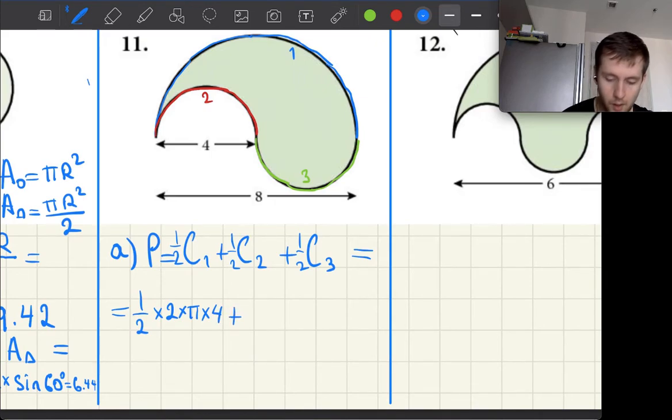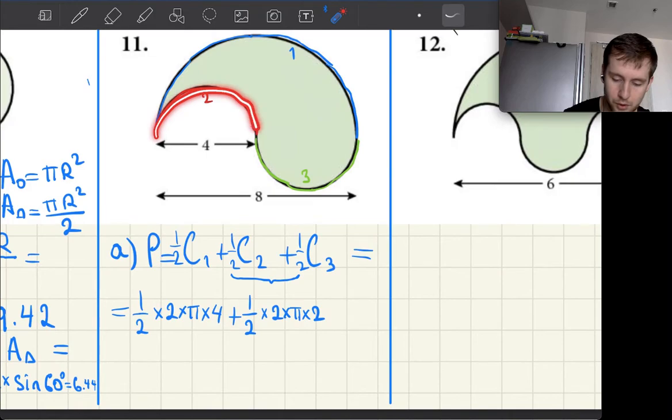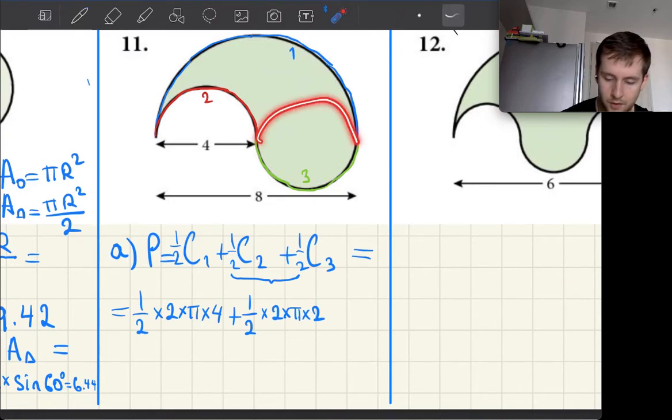Plus, and again, C2 and C3 are the same thing, so we can just make them 1. So 1/2 plus 1/2 is 1. But okay, let's just write it separately. So 1/2 times 2 times pi, and in this case the radius is 2. The radius of this small circle is going to be 2, and this small circle has absolutely the same properties.